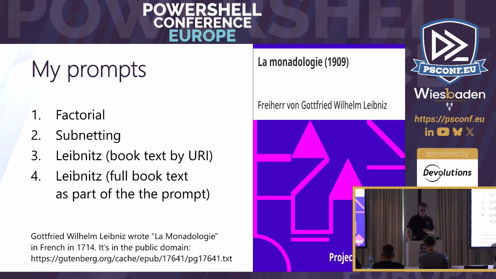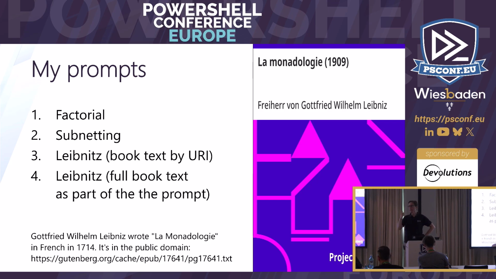But I want to show you what I did during more or less the same exercise that you just did. I created 3 prompts. Yes, I see there are 4 bullet points, but actually there are 3 prompts. I told the AI to solve some problems.